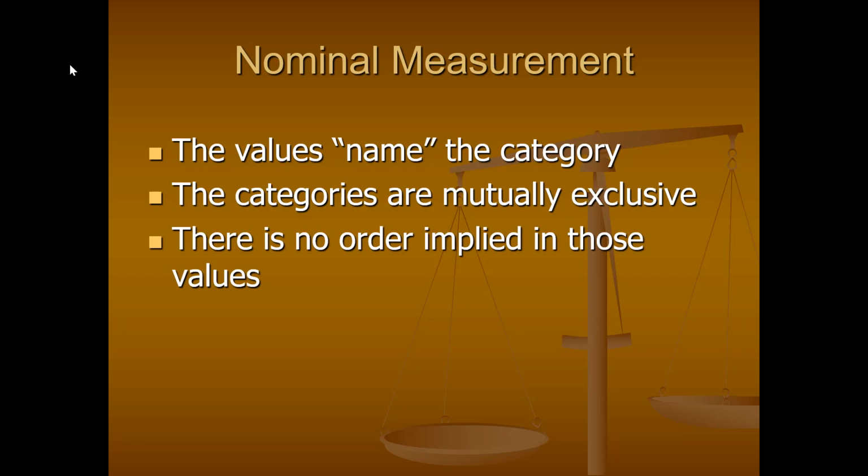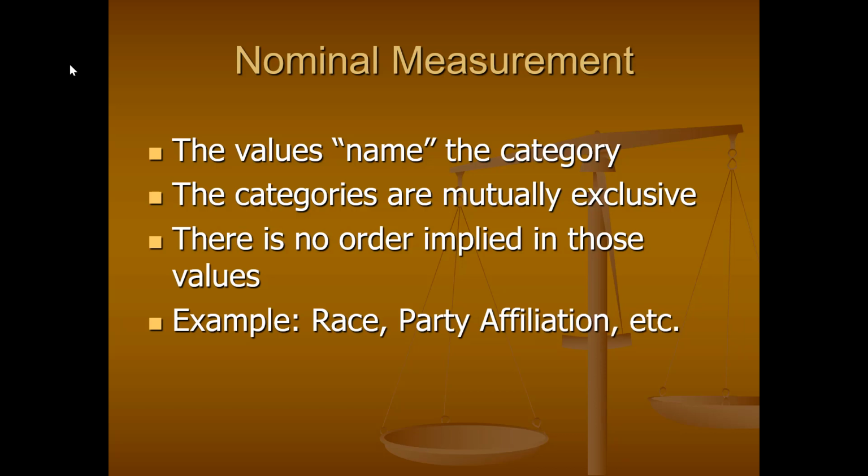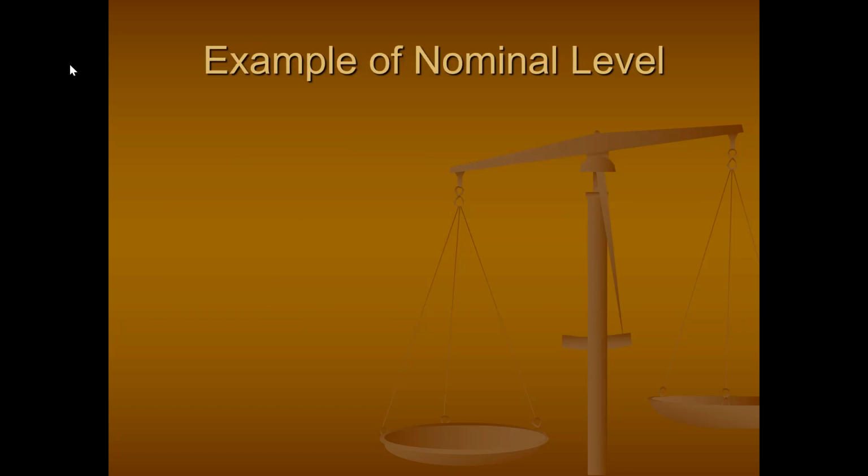And there is no order implied in the values of that variable. Things that have categories like race, party affiliation, all the variables that we went over in terms of gender, etc., those are all nominal variables.